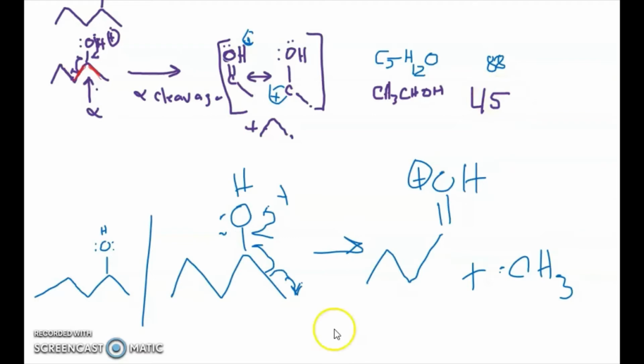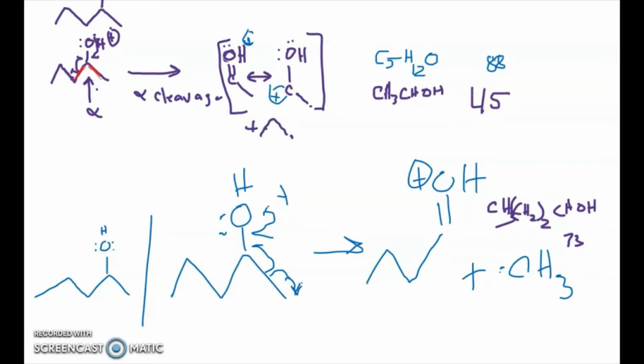And then looking at this other fragment, the other alpha cleavage product, we have CH3, CH2 twice, CHOH, which should give us 73. So we're looking for a molecular ion of 88 and fragments at 73 and 45.